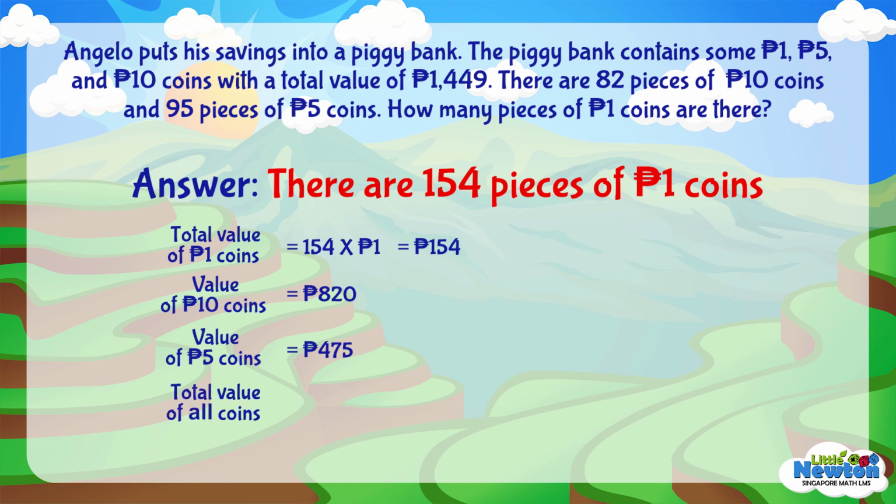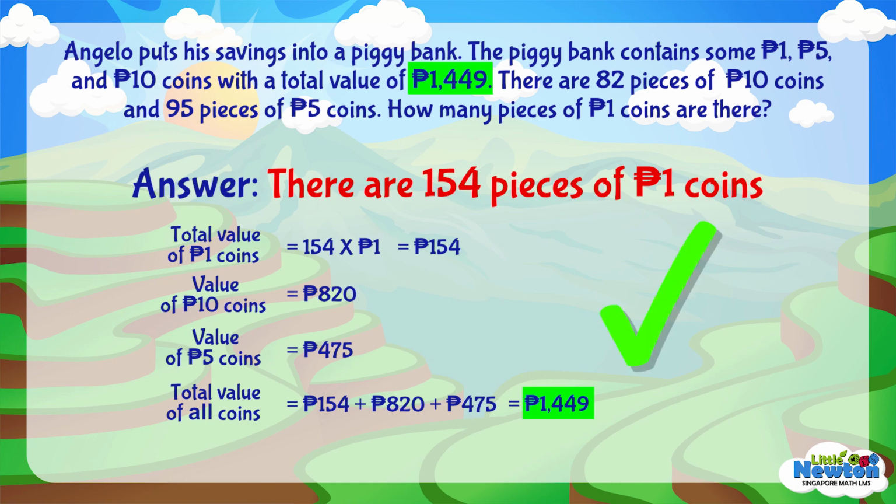The total value of all the coins is equal to 154 pesos plus 820 pesos plus 475 pesos equals 1,449 pesos. This is consistent with the value given in the question. Therefore, we know our answer is correct.